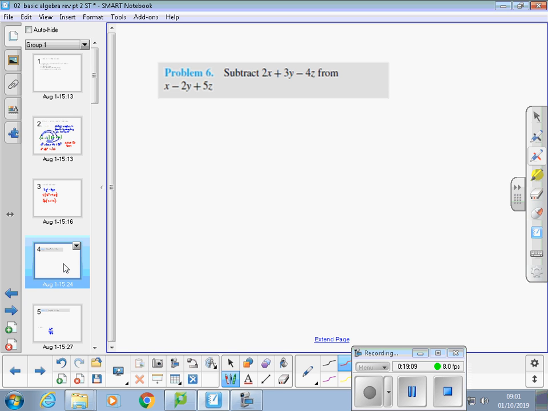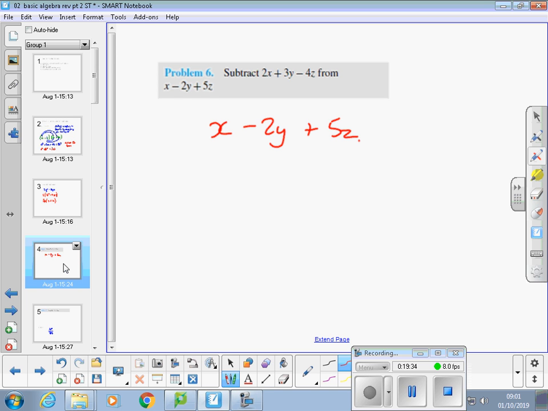How would we subtract 2x plus 3y minus 4z from x minus 2y plus 5z?